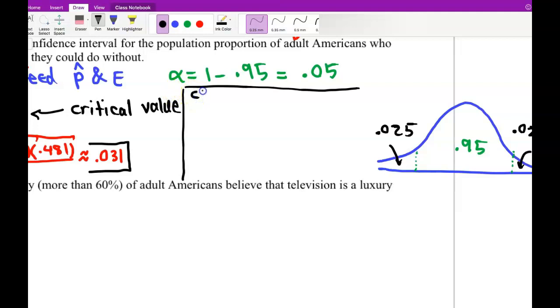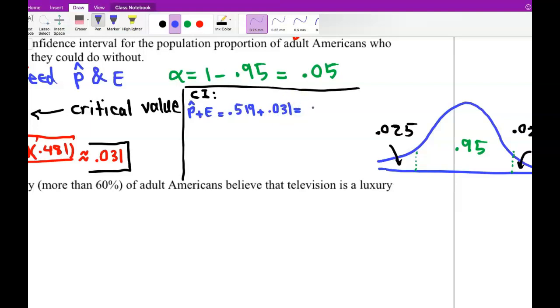Okay, so confidence interval, finding that part. We have P hat plus error. That is equal to P hat is 0.519 plus, from this part, error is 0.031.